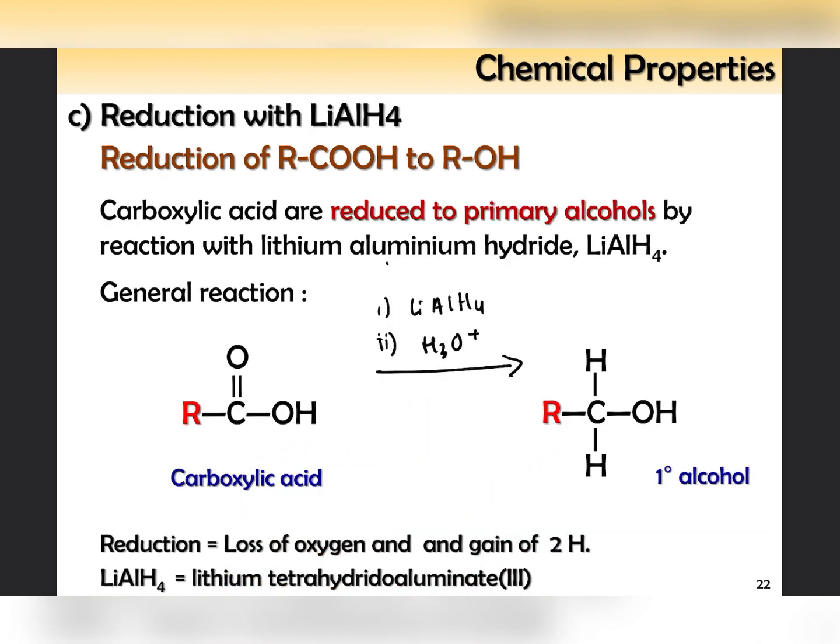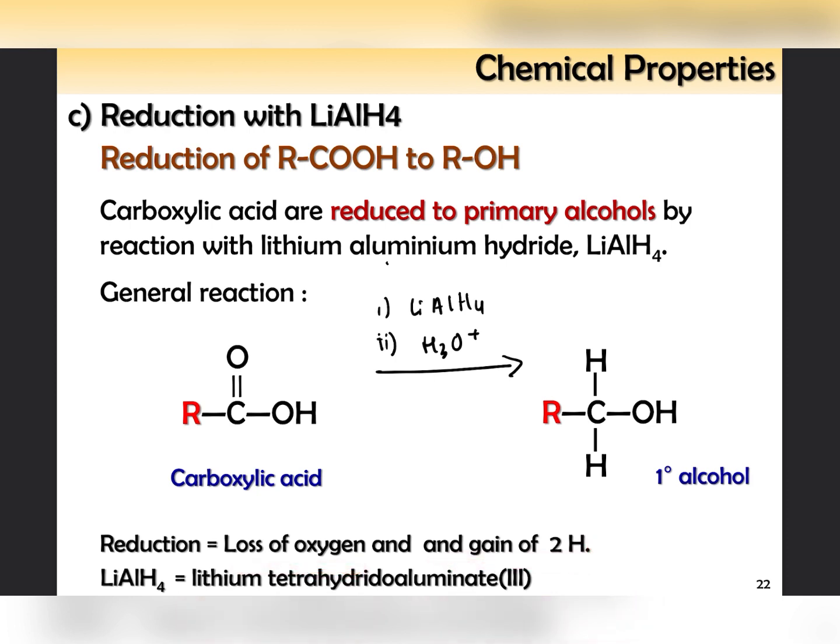Now we will look at reduction with lithium aluminium hydride. So reduction of carboxylic acid can form a primary alcohol. So by using lithium aluminium hydride and then followed by hydrolysis, it must be stepwise. Okay, step 1, step 2. So it will lose oxygen and gain 2 hydrogen.